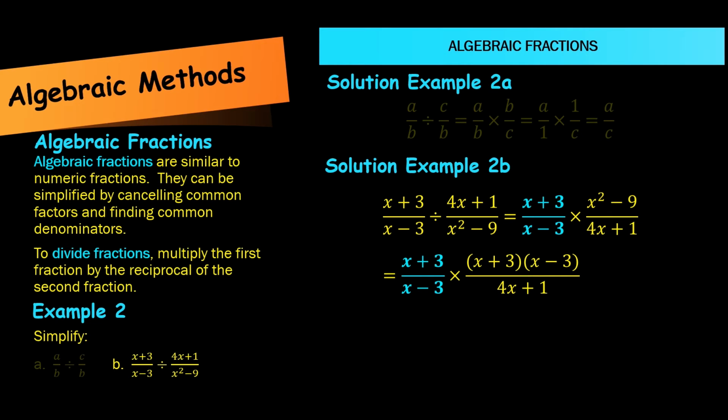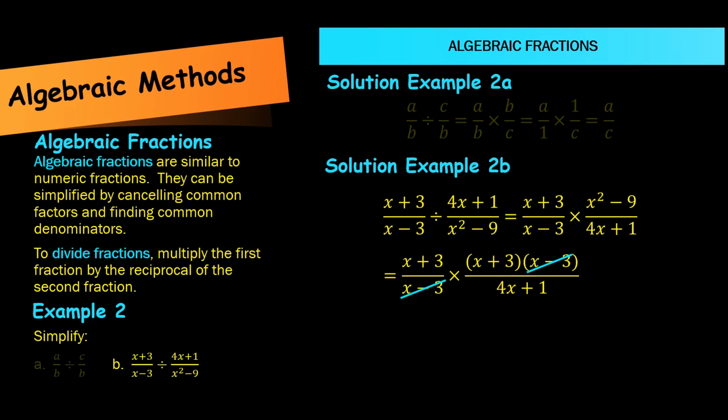We can leave x plus 3 over x minus 3 as it is, and factorise x squared minus 9 to give x plus 3 times x minus 3. And of course we leave 4x plus 1 as it is.